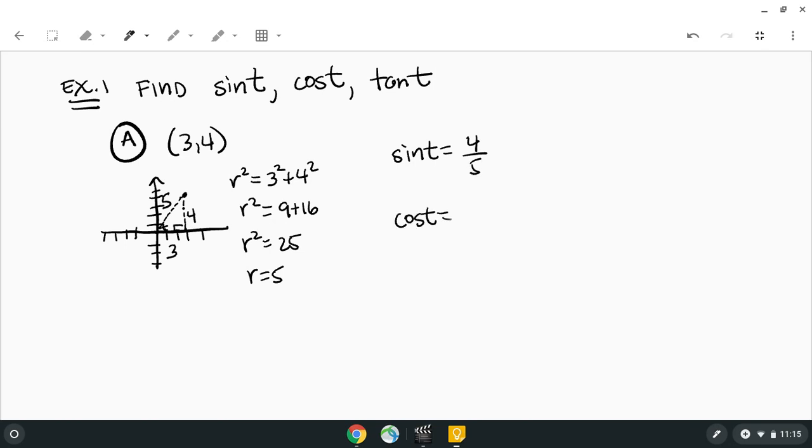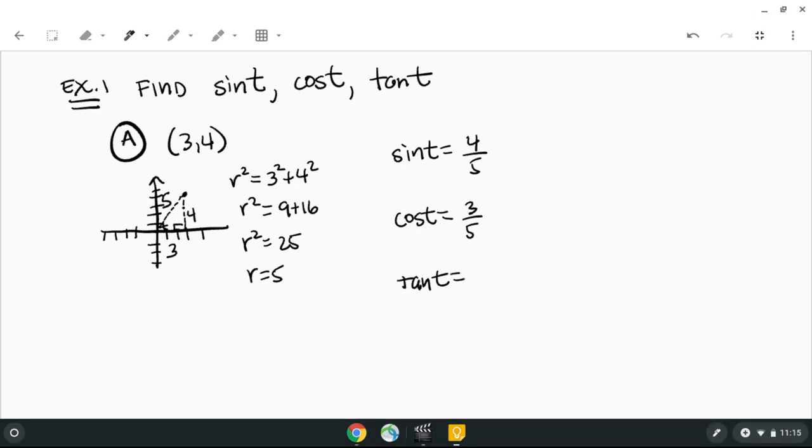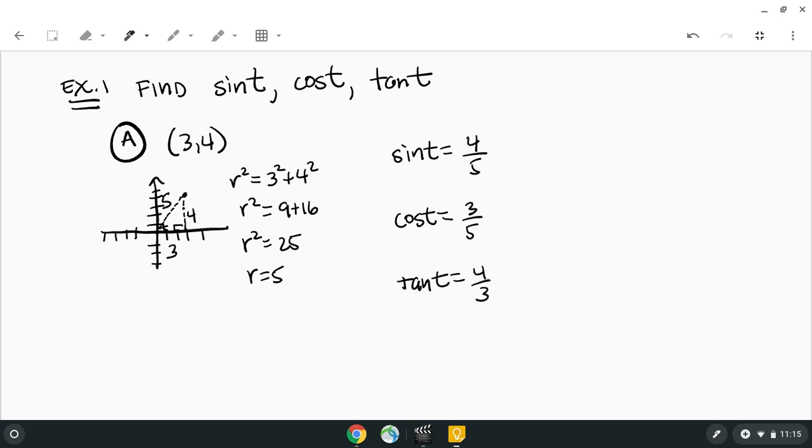Cosine is your x value, which is 3, over your r value. And tangent is your y over x. Okay?